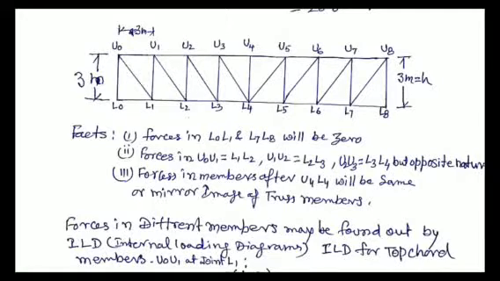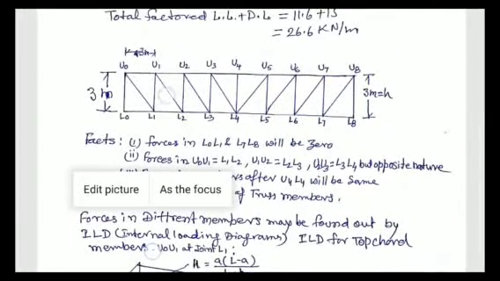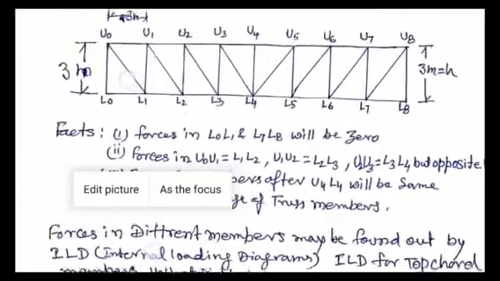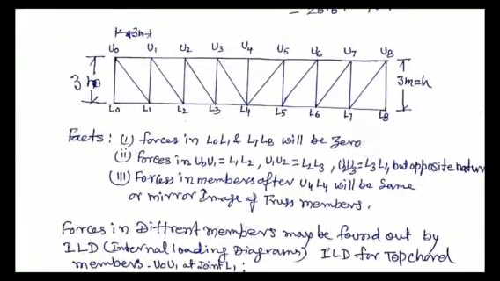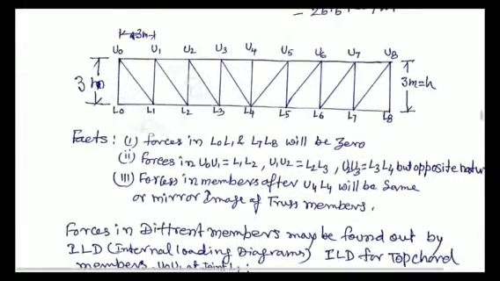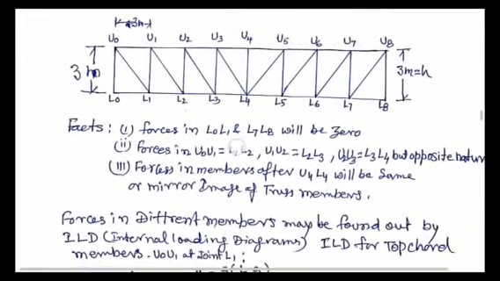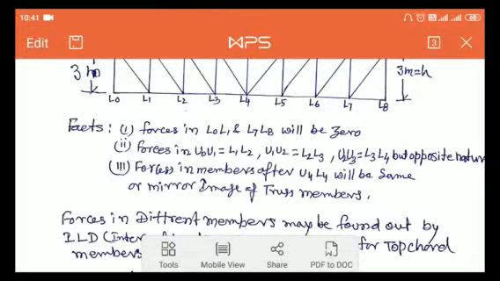There will be no load at all. And second, the forces in member U0 U1 will be equal to L1 L2, meaning the forces between these two parallel lines will be the same but opposite in nature. If the load in U0 U1 is compressive, then the load in L1 L2 will be tensile in nature.